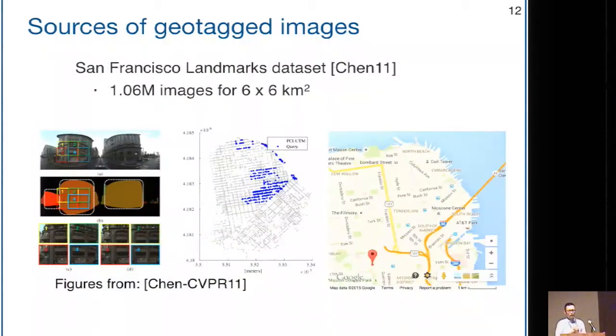Now let's have a look at how many images are needed to cover a certain area. The largest dataset used for Street View place recognition is the San Francisco dataset, which covers 6 square kilometers and consists of 1 million images. The 1 million images are not too large for the recent image retrieval techniques.